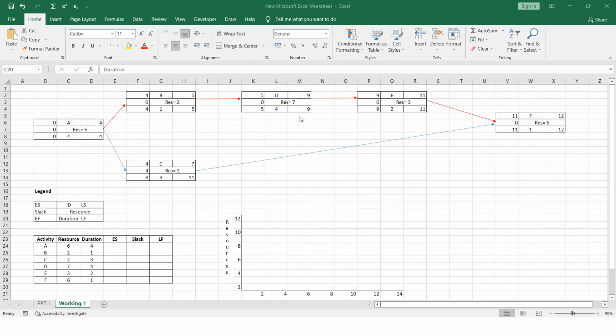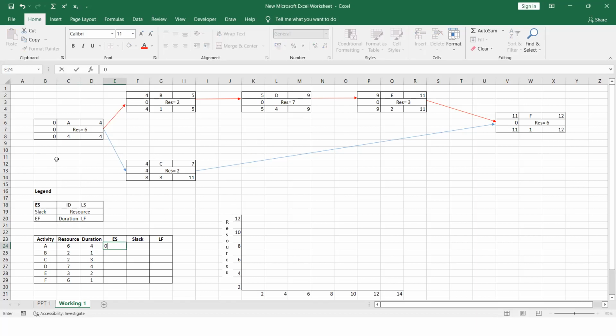So we have now written down what the activities are, what the resources are, and what the durations are, right? So after drawing this project network, you can easily identify the early start time. So the early start time is denoted in this box. So for the activity A, early start time is 0. So now I'm going to fill this table by looking at this project network, right?